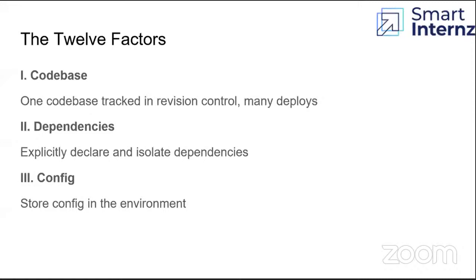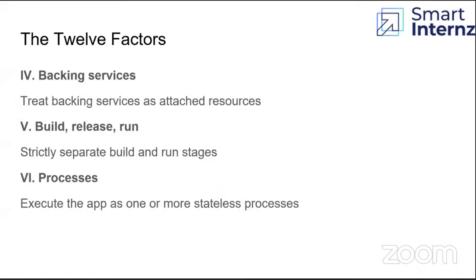Now let's move to the next one. The fourth point is backing services. Every app needs some external applications to work perfectly. That's what we previously discussed in dependencies, right? A 12-factor app can swap the application from one provider to another provider without making further modifications to the code base.